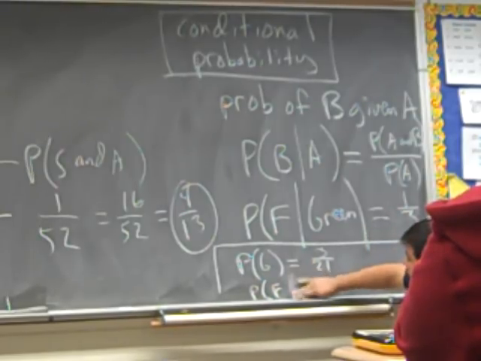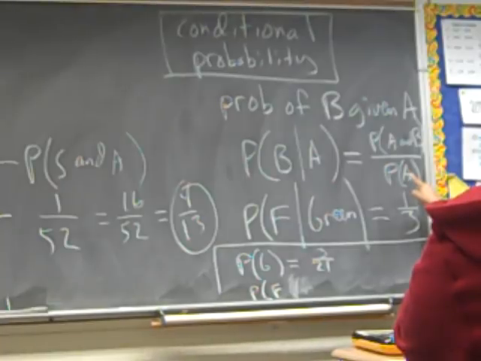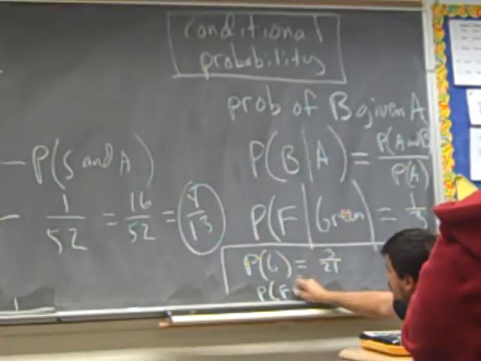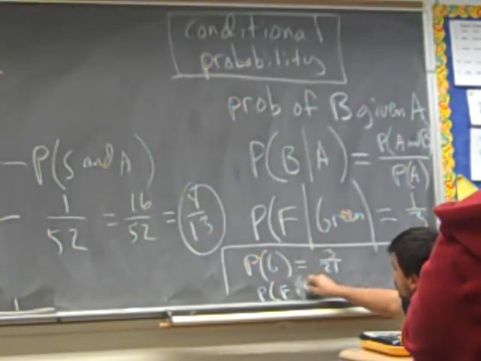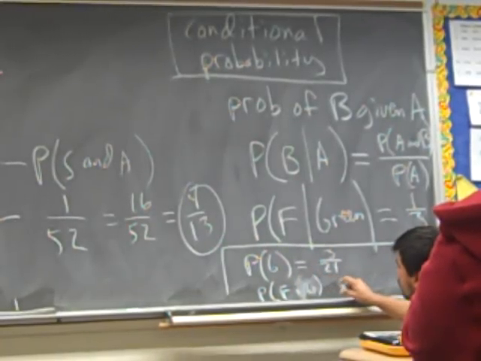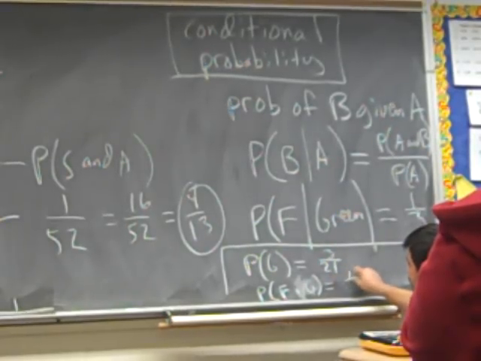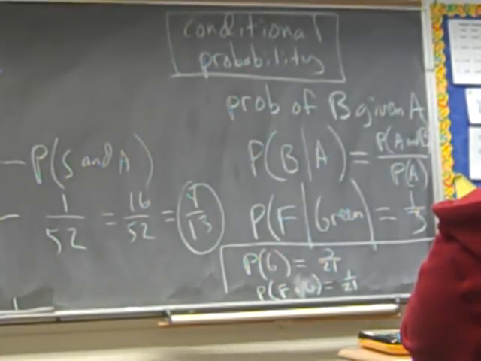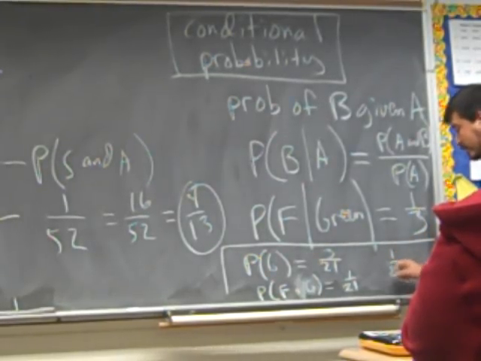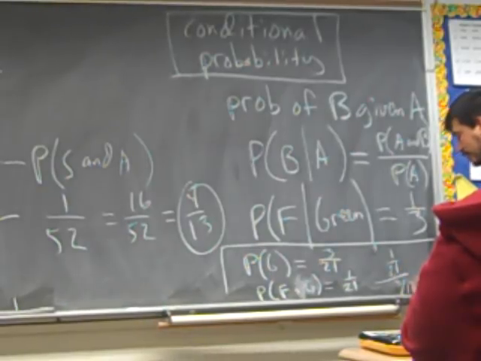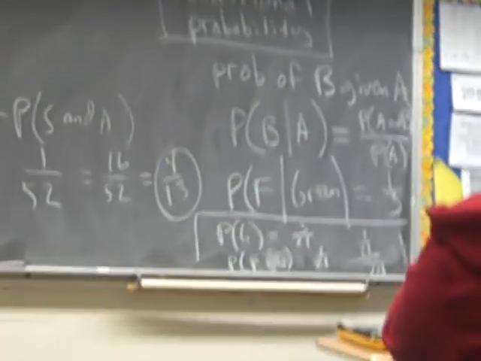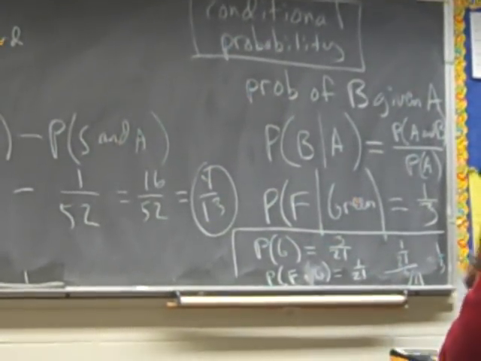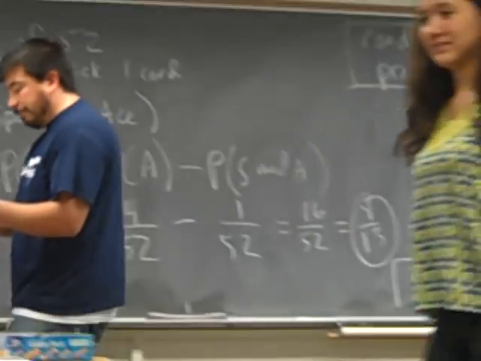What I need is the probability that they're wearing green and the probability that they are female and wearing green, which is 1 out of 21. So using the formula, it would be 1/21 out of 3/21, which also gives you 1/3. But if you don't need to use the formula, you can just see it. That's probably the best way to go.